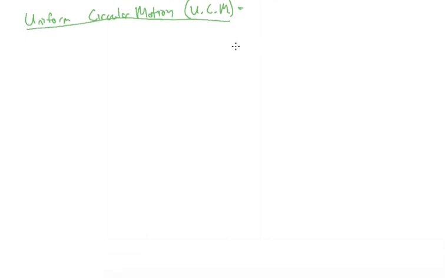Okay, so let's go ahead and talk about centripetal acceleration. And now I said this was up here. Remember, this is circular motion. I'm going to write a little something out.